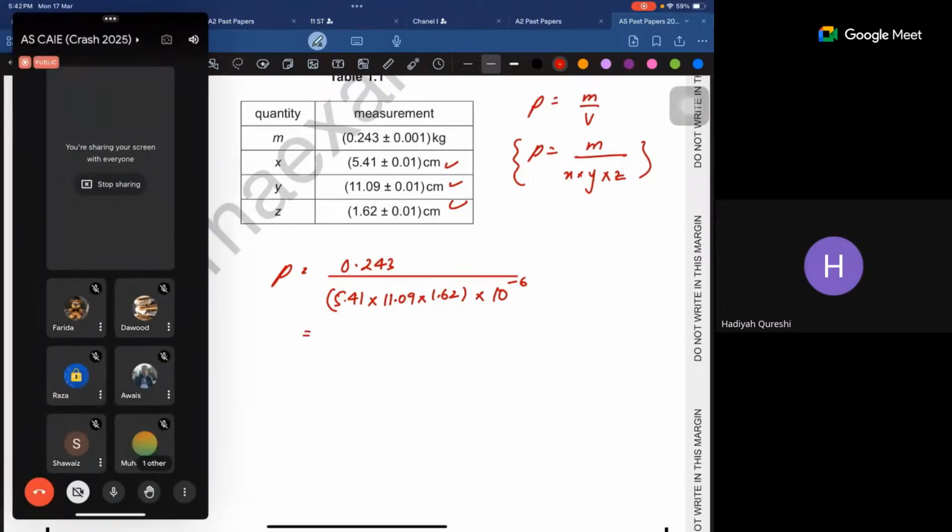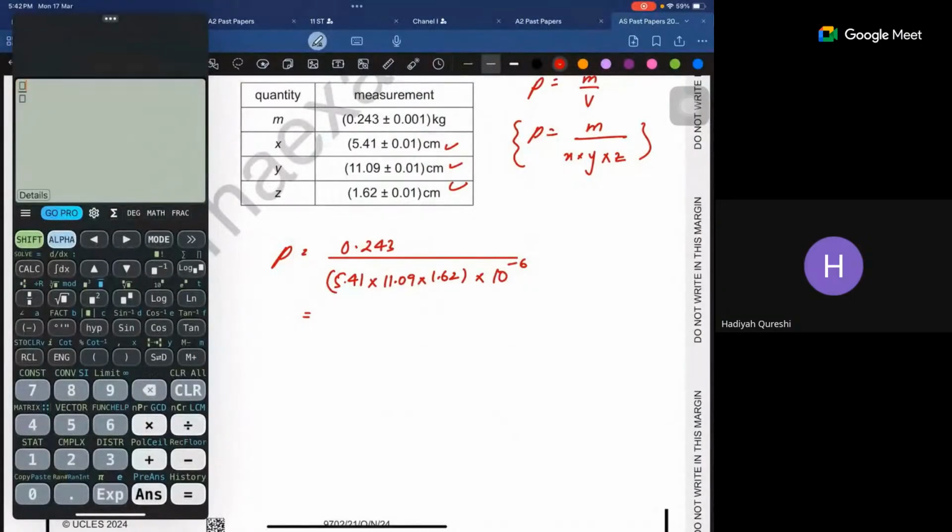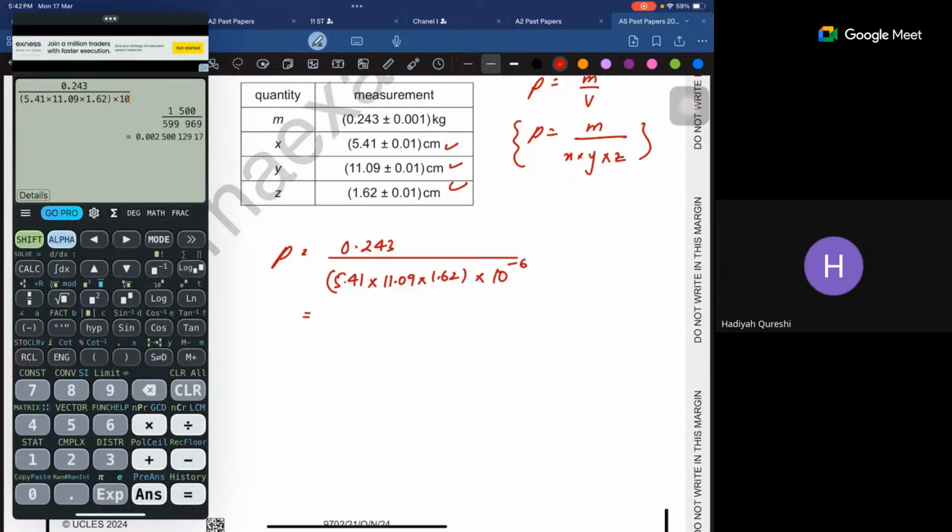So now the density that you're going to get is 0.243 divided by 5.41 times 11.09 times 1.62, multiplied by 10 raised to power minus 6.